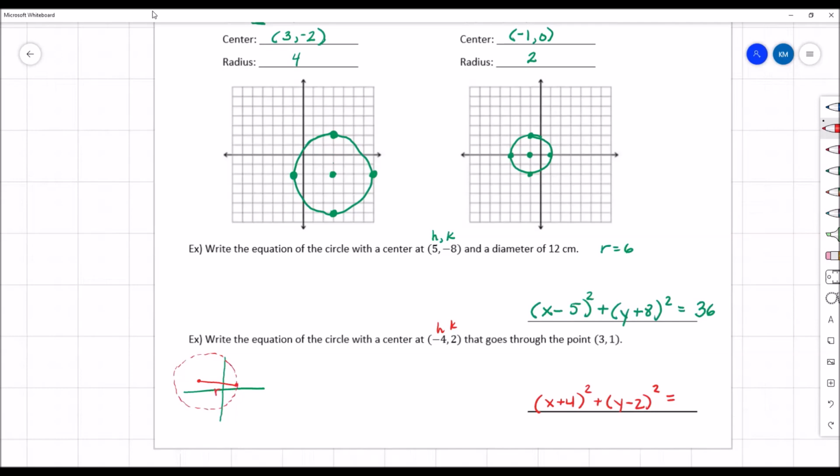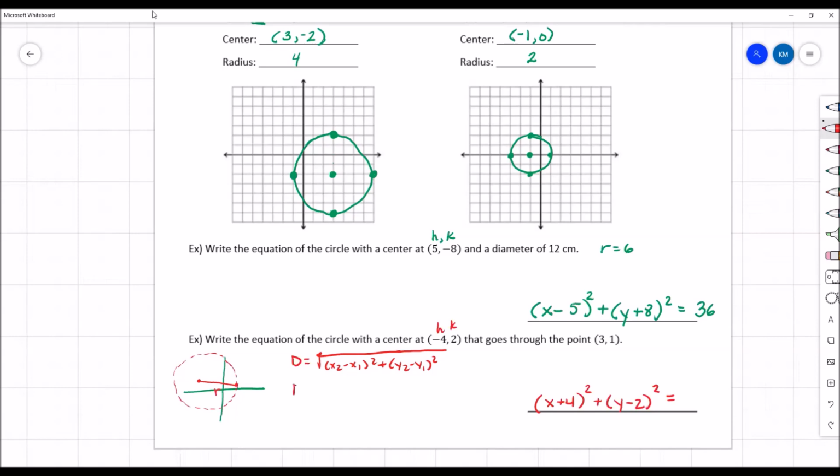And so we can use the distance formula. Our distance formula, remember, (x2 minus x1) squared plus (y2 minus y1) squared. It seems very close to our equation for a circle.